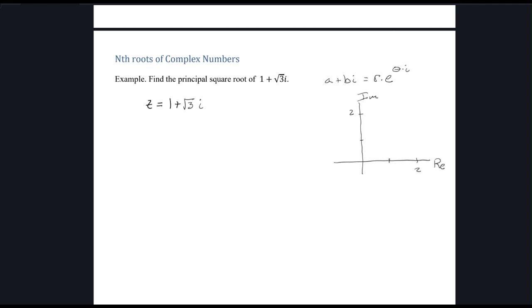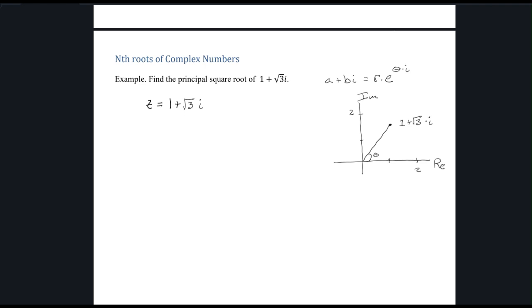We don't need to show a whole lot here. The complex number we're looking at, 1 plus root 3i, goes right here. The real part is 1. The imaginary part is the square root of 3.